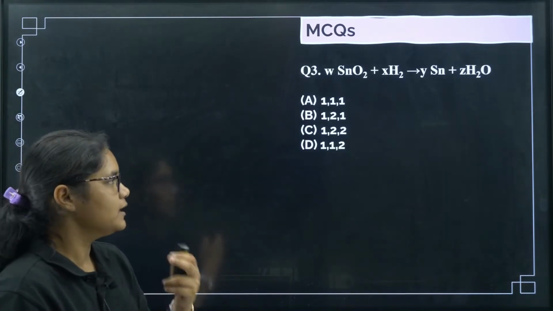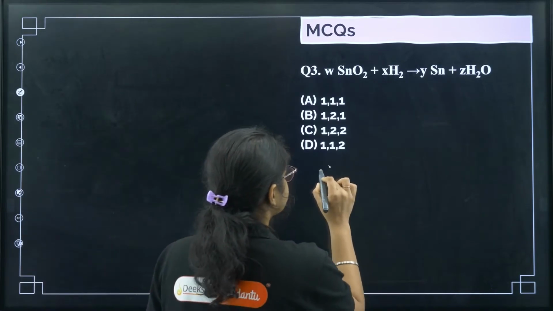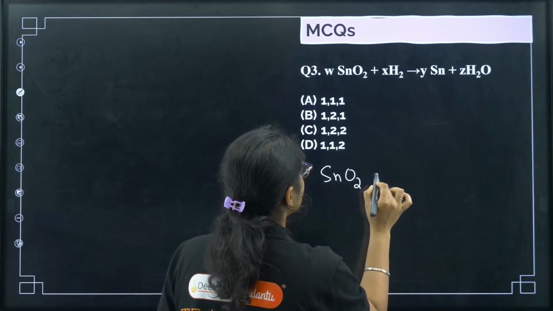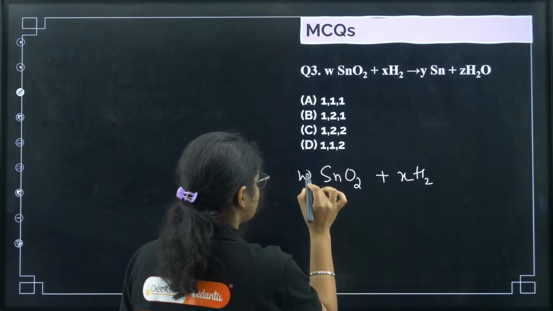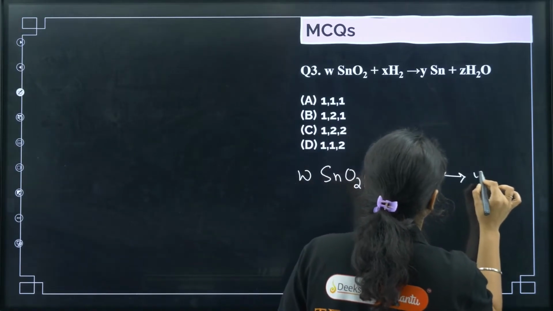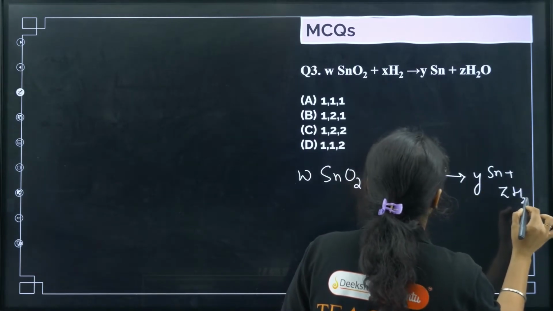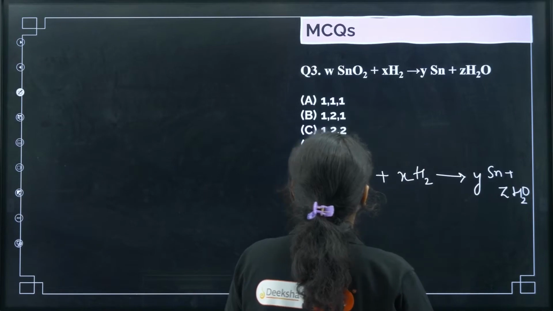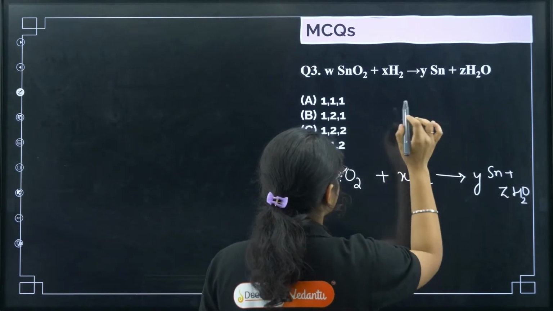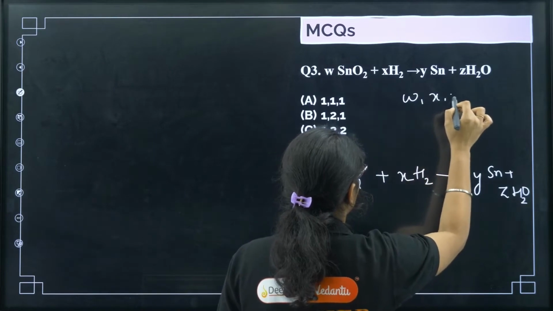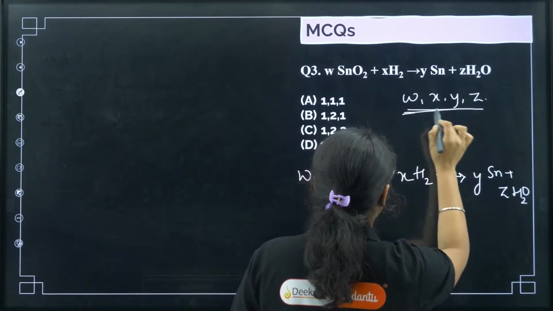Now, question number 3. We will do a balancing question. It is given: W SnO2 plus X H2 gives Y Sn plus Z H2O. We will find all of W, X, Y and Z, but the question has asked for W, X and Y only.